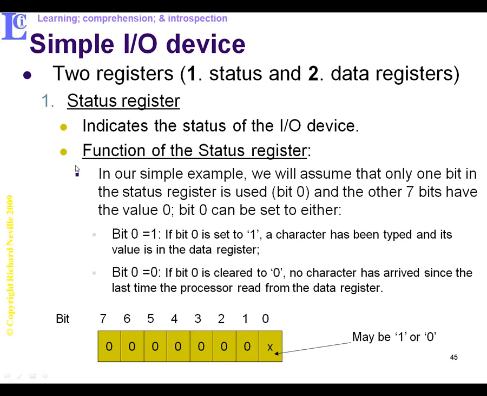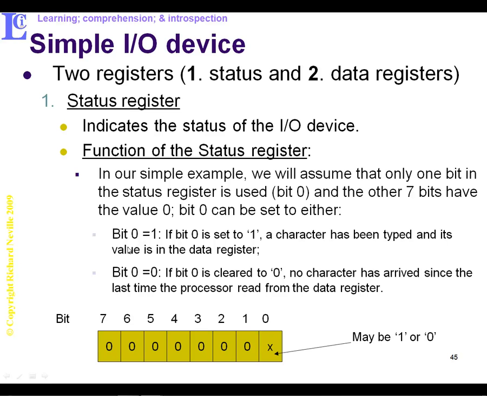What's the norm is the function of the status register says one of the bits, the least significant bit, is used to tell us the status. If this bit is set to 1, then a key, a character, has been typed. If it's set to 0, or cleared after a character has been read, then it says no character has arrived.